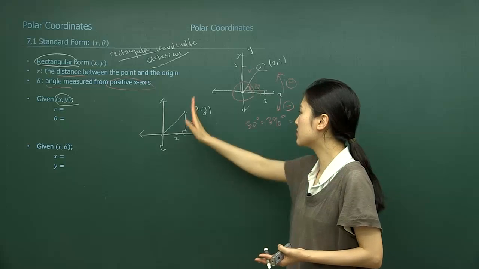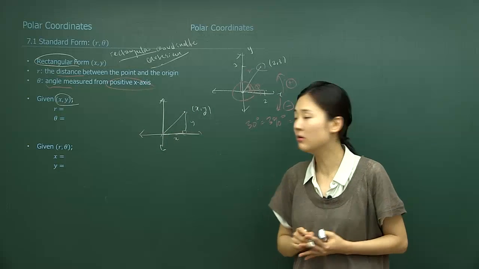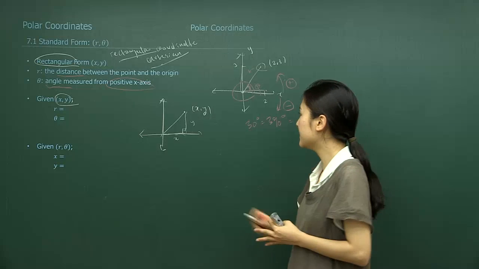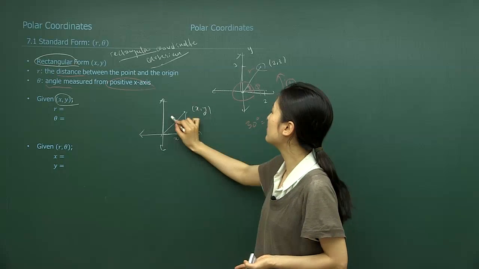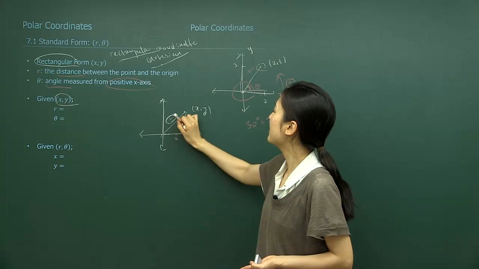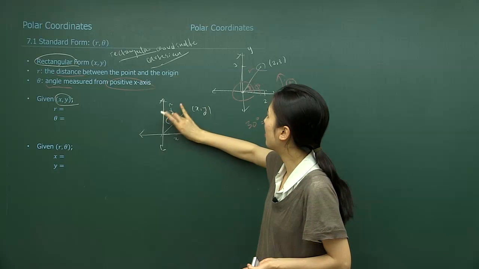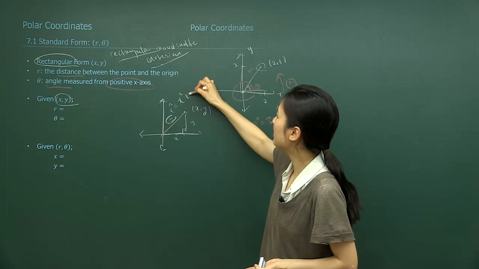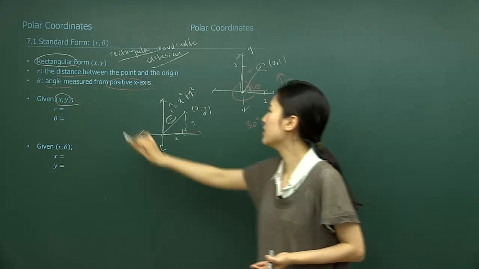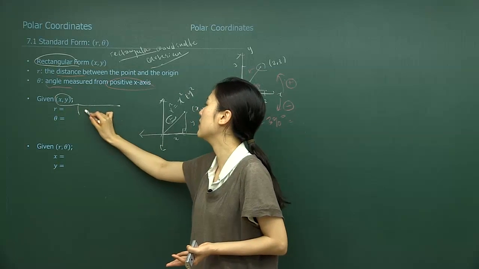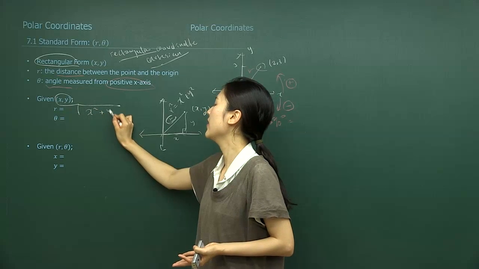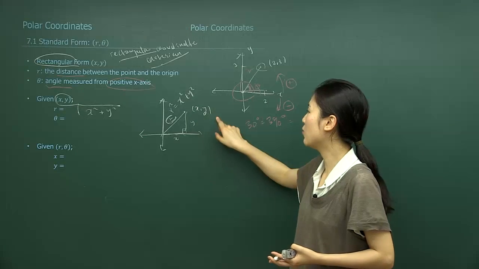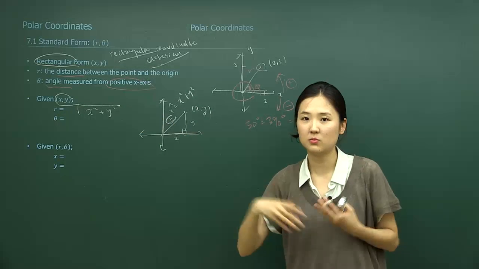So you just form a right triangle and do what you do best: the Pythagorean theorem, everyone's favorite. Then r squared equals x squared plus y squared. Hence, your r in general equals the square root of x squared plus y squared. So that's how x, y, and r are related.